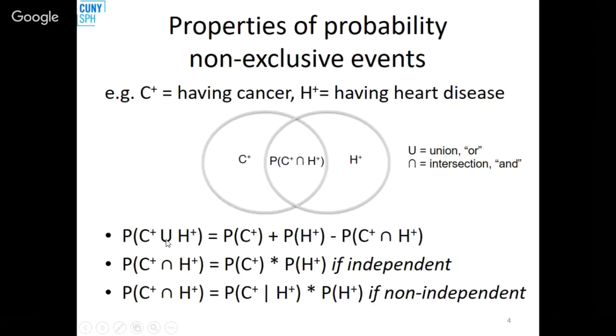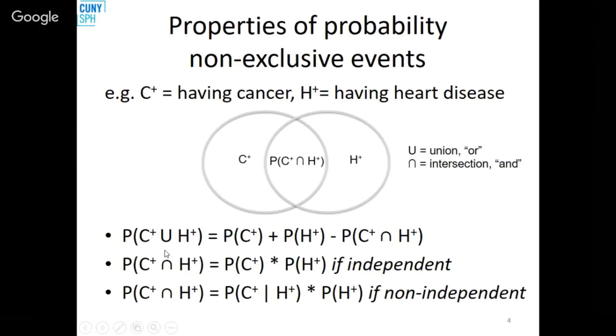And then the equations for the union and the intersection are a little bit more complicated. The probability of having cancer or heart disease is equal to your probability of having cancer plus your probability of having heart disease minus the probability of both cancer and heart disease, because otherwise we're double counting this area here.